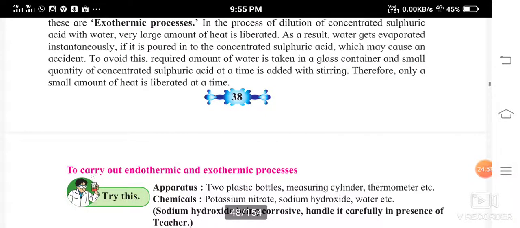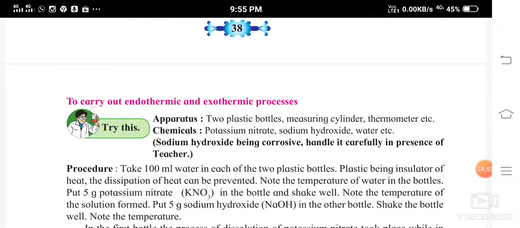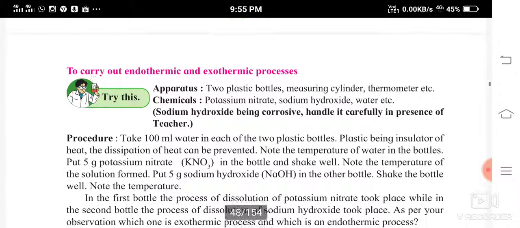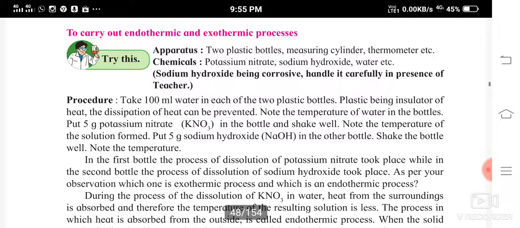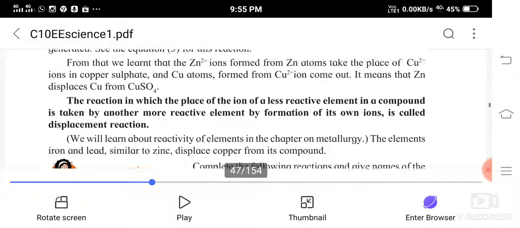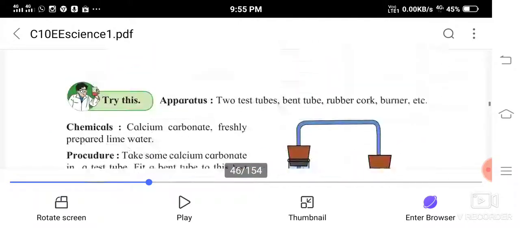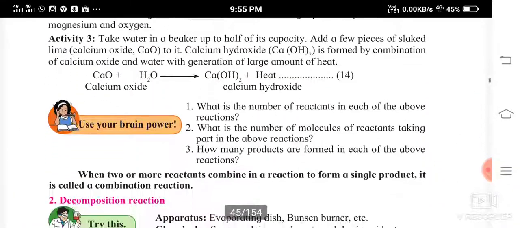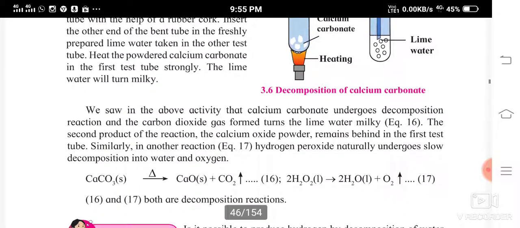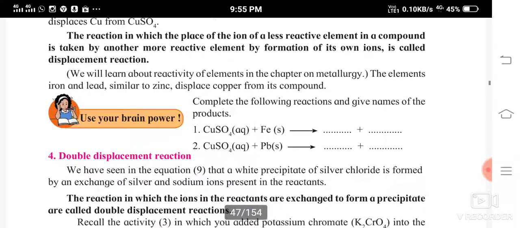I hope you have understood this. We will carry out some endothermic and exothermic processes in the next video. In today's video I have told you about displacement reaction and double displacement reaction. All four reactions I have explained to you: combination reaction, decomposition reaction, displacement reaction and double displacement reaction.